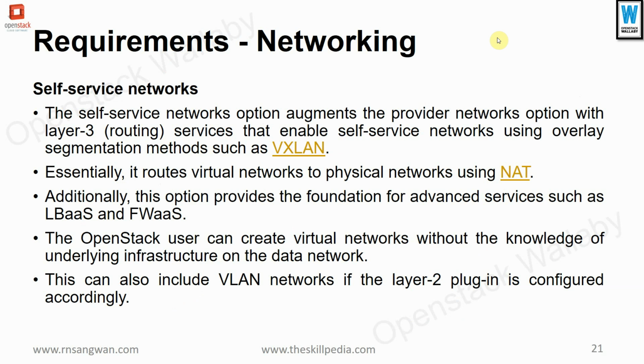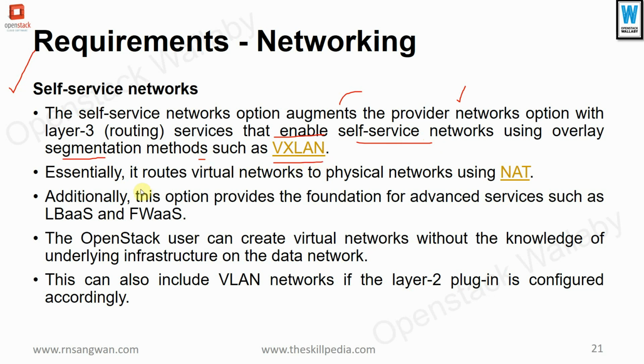For networking, self-service networks. The self-service option augments the provider network option with layer 3 routing service. Such that it enables self-service networks using overlay segmentation methods such as VXLAN.